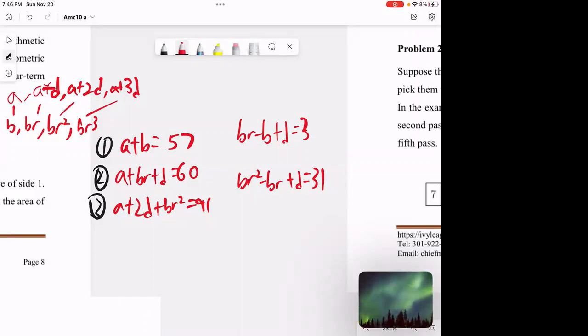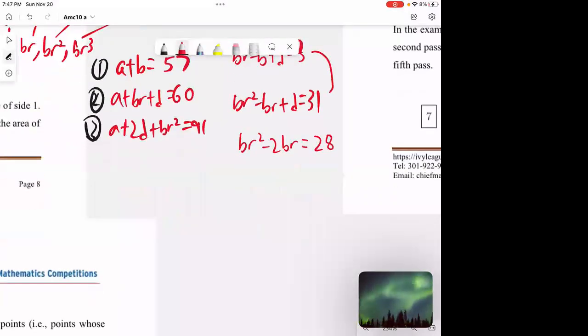BR squared minus BR plus D equals 31. And then we subtract this one from this one, which gives us BR squared minus 2BR plus B equals 28.